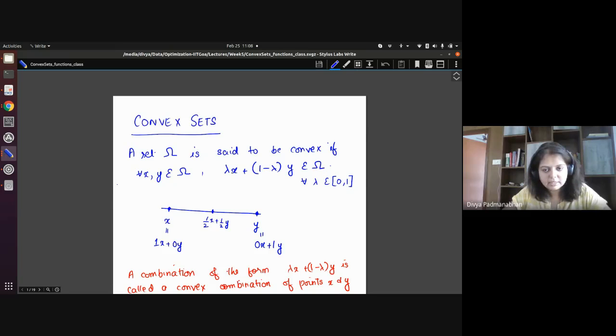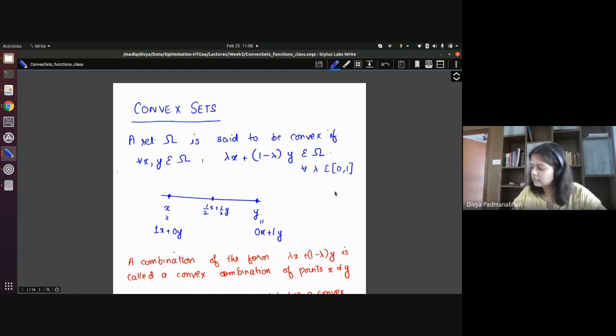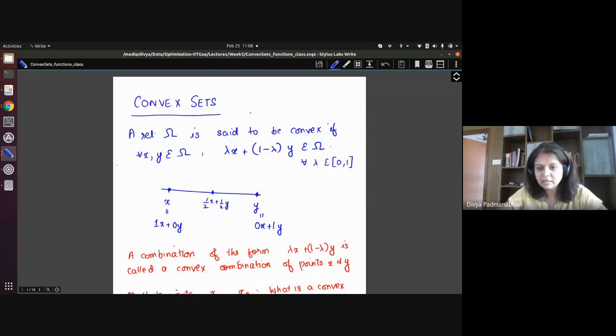What does this mean? Let's try to understand this condition. Lambda x plus 1 minus lambda y is nothing but the line joining x and y. Another way to view this is y plus lambda times x minus y. I'm just rewriting this.